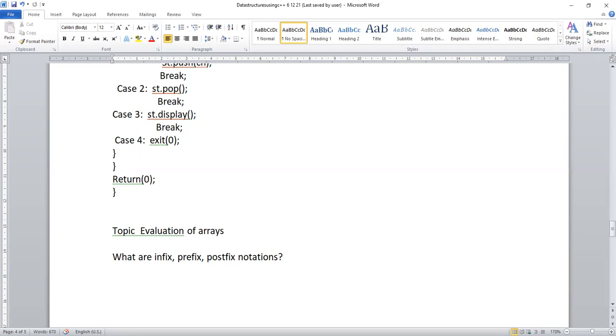What are the infix and prefix and postfix notations? Okay. So we can write.